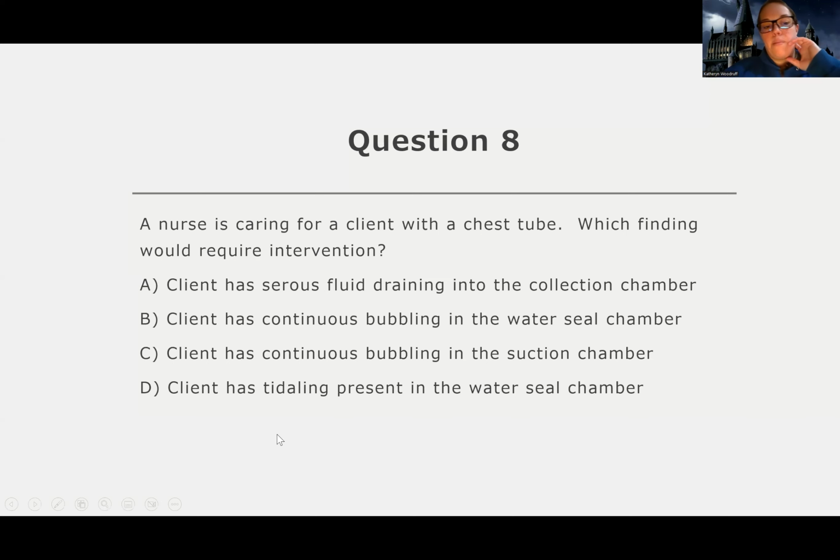So the correct answer, what I need to intervene on, would be B, because continuous bubbling in the water seal chamber is a sign that there might be an air leak. And how I handle an air leak is I go up to the patient, start at the patient, and make my way out to the tube to find where the problem is. First, I look at the patient's dressing and right around the connections of the tube to see if air is leaking somewhere.